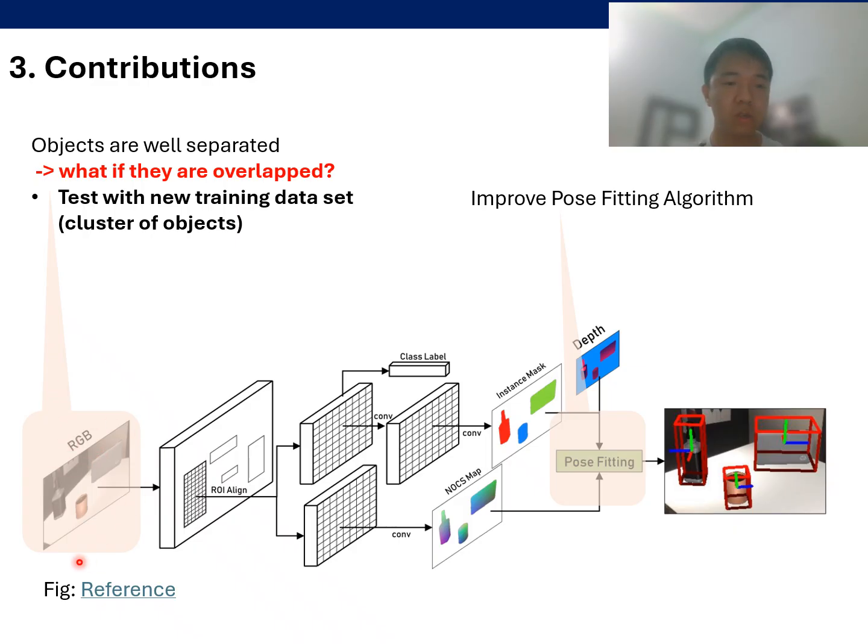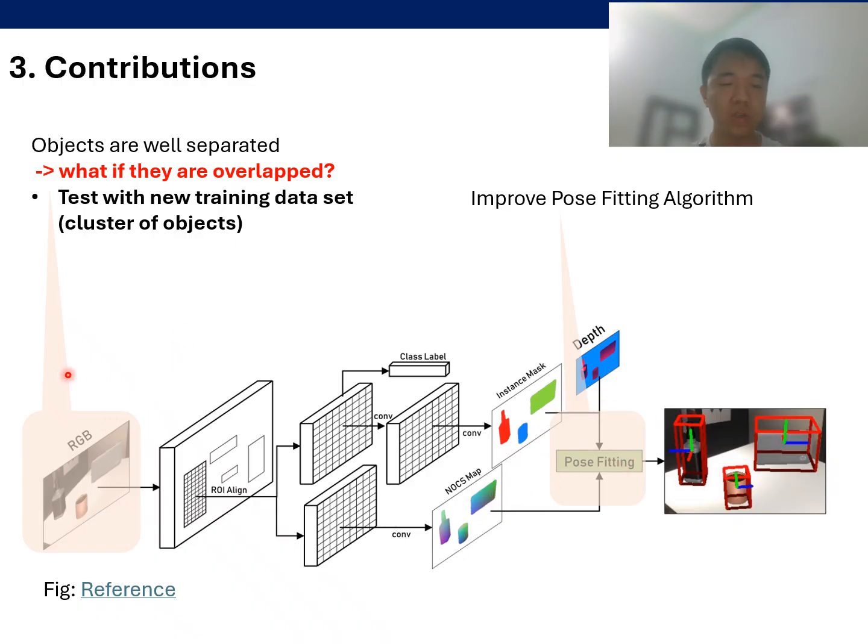We can consider evaluating the framework in this case, or we can consider improving the pose estimation algorithm here. In the paper, they used a least squares optimization algorithm to estimate the pose of the object with the depth and the NOCS map information.